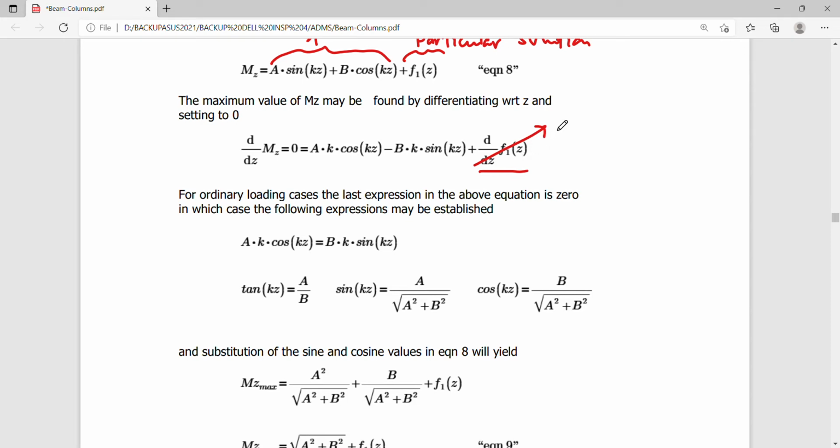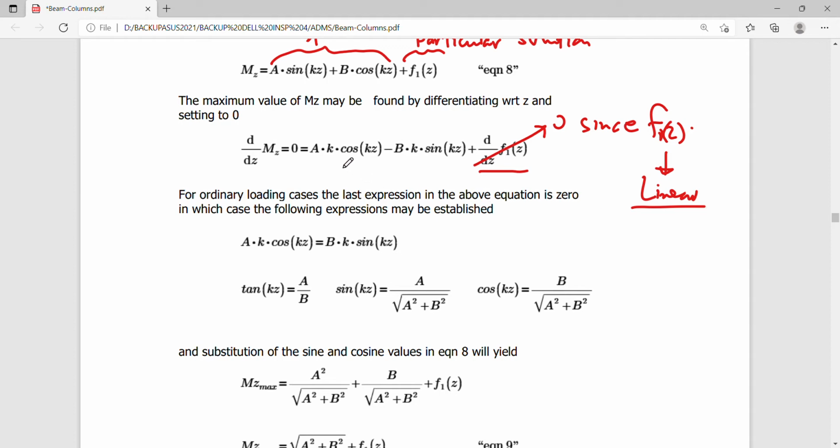So this is 0 since your Fc is normally a lower polynomial, which is a linear equation.